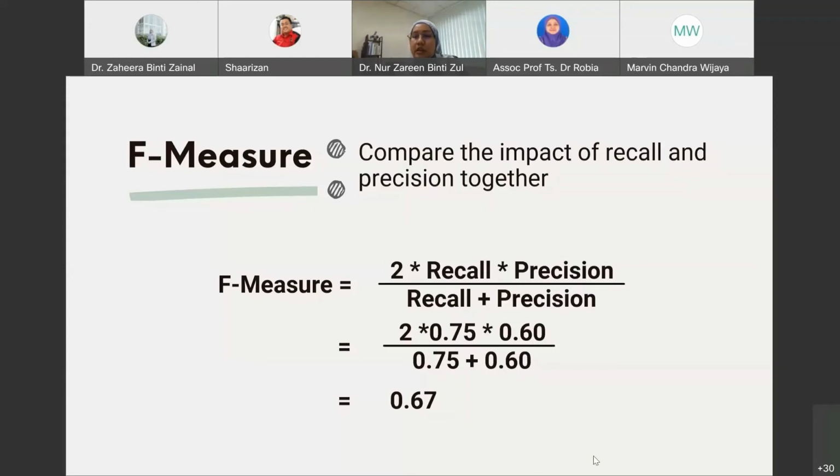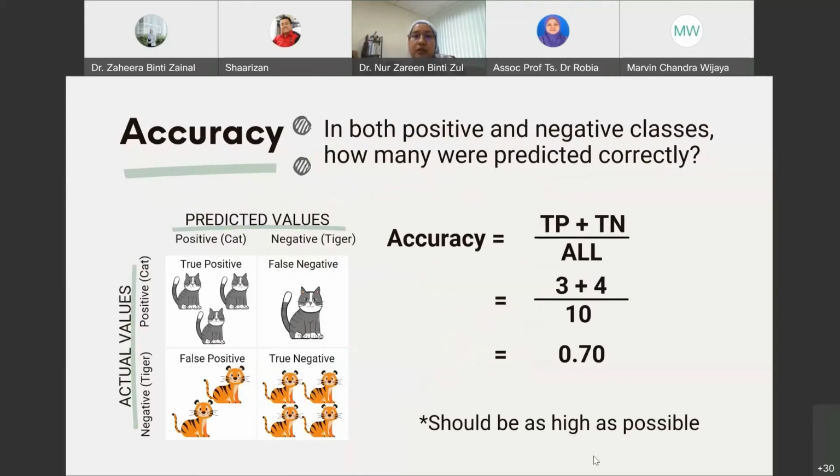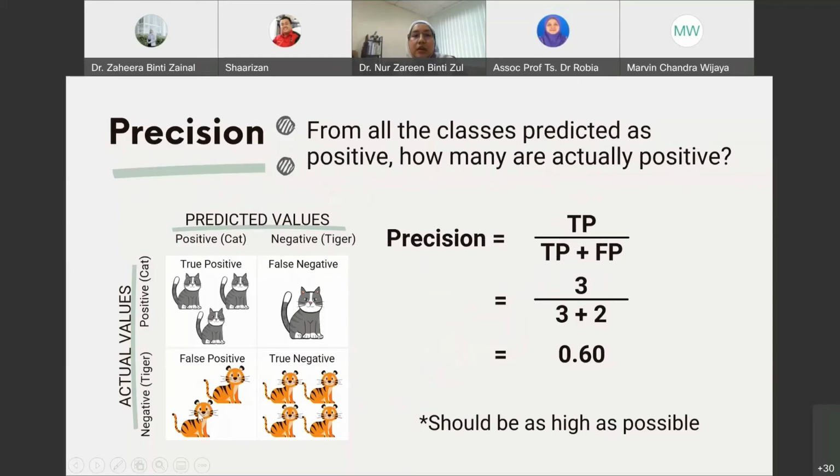All right. Thank you, PM Robia. So, if you are writing a paper, let's say you build a model. Quite recently, I did develop a model to try and detect depression. I would use a table as well. You do put the confusion matrix, especially if it's a two-class classification.